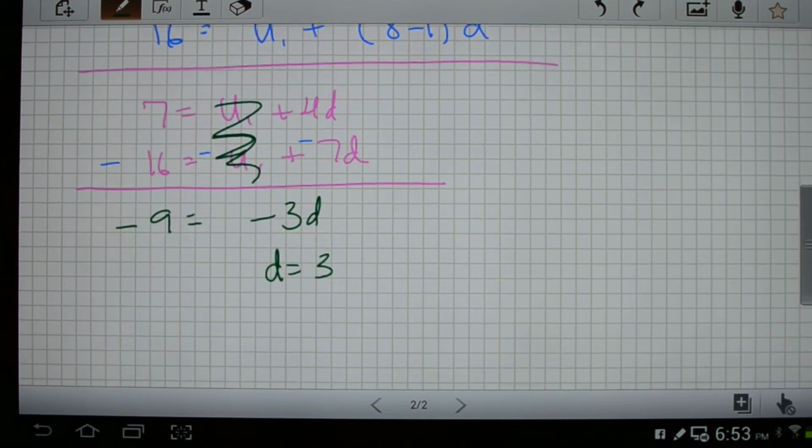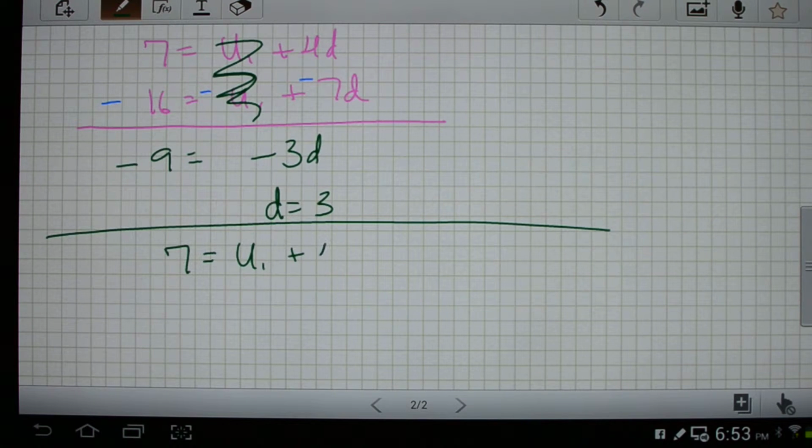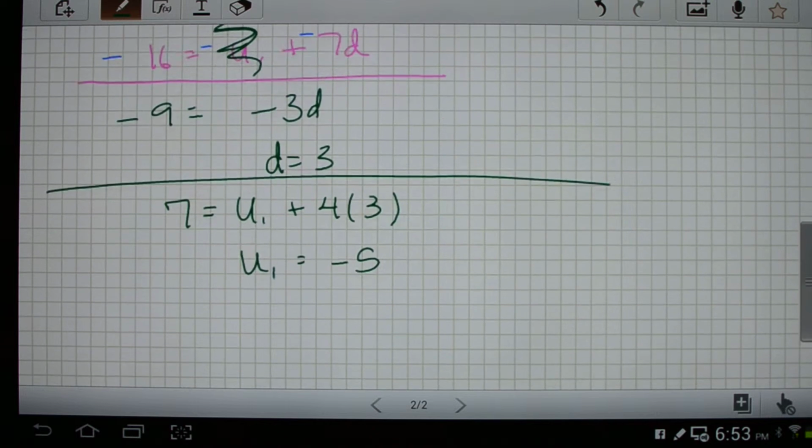I'm going to use the first one. 7 equals U1 plus 4 times 3, because it's 4 times D and D is 3. So U1 is equal to negative 5. There we go. Now that we know U1 and we know the common difference, we can go ahead and find our 100th term.